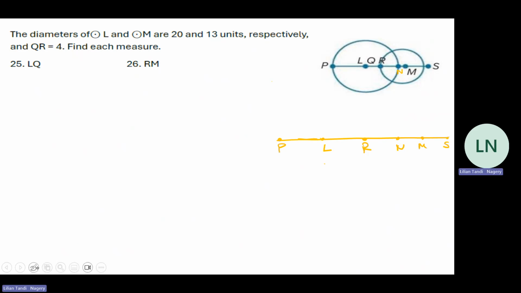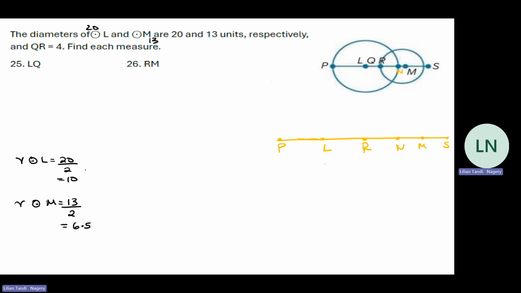All right. Then you go to your picture and start reading. You have the diameters of circle L and circle M: 20 and 13. So radius of circle L will be 20 divided by 2, which is 10. Radius of circle M will be 13 divided by 2, which is 6.5.